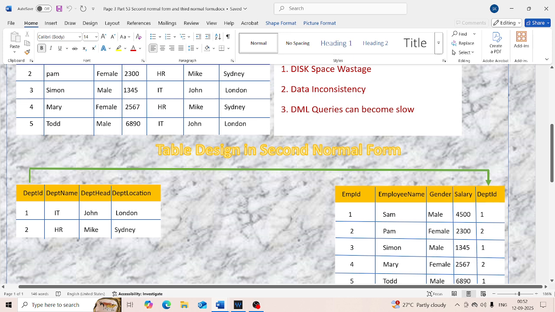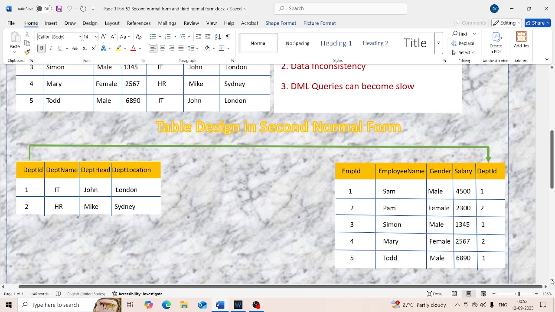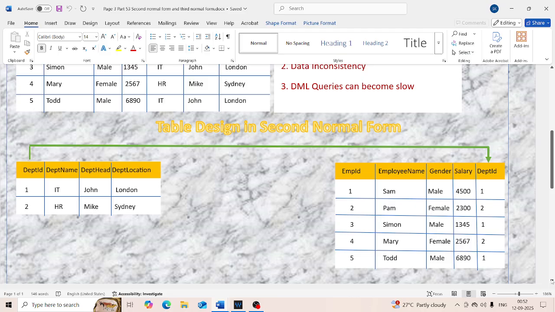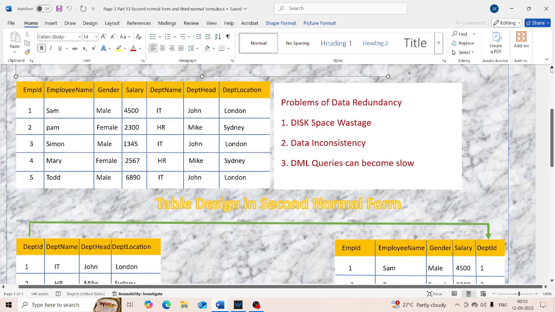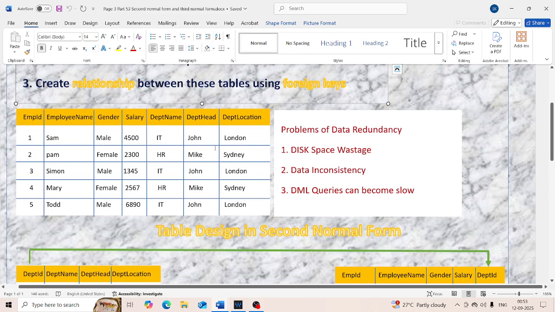Before this normalization, we were repeating these three columns.